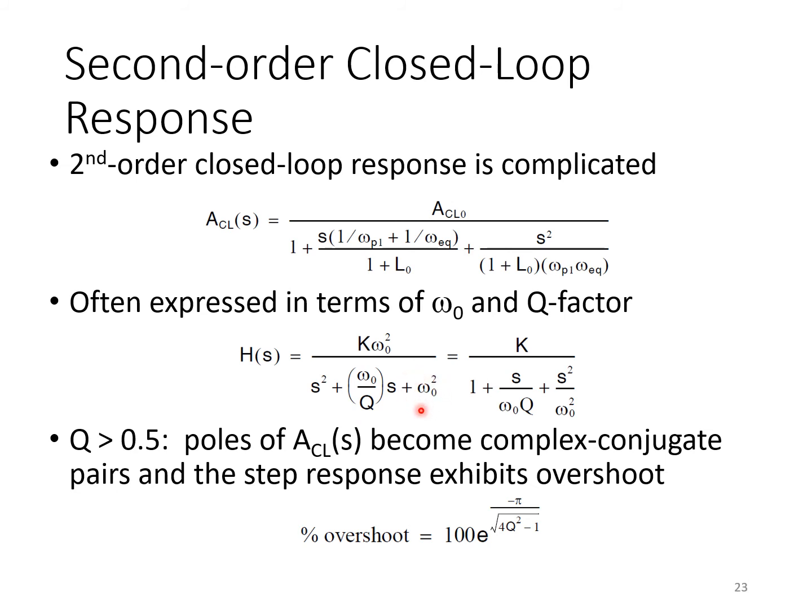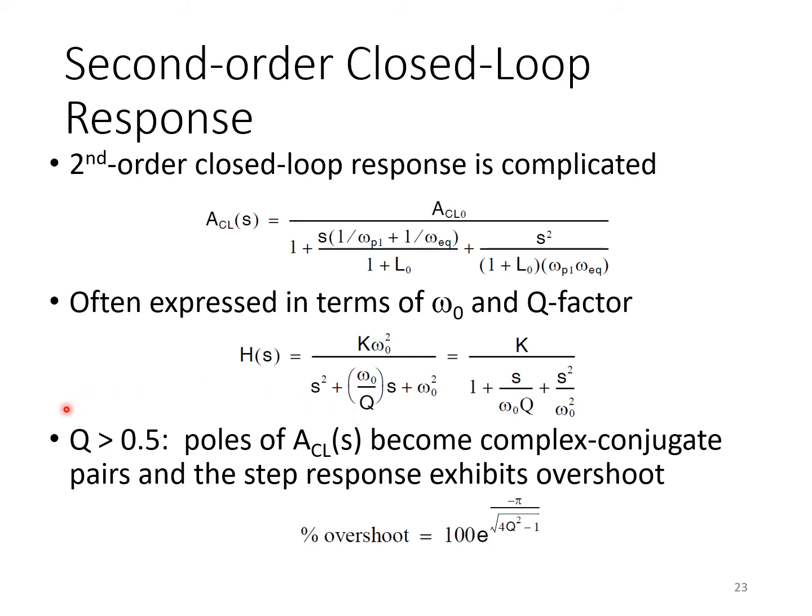Omega naught is the bandwidth of the closed loop amplifier. And the Q factor is something that is closely related to the amount of peaking in the closed loop magnitude response and the amount of overshoot. And really, it tells us a lot about the locations of the closed loop poles.